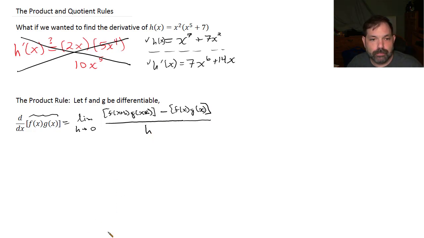Now, that's the limit definition. Unfortunately, there's nothing that we can really do here. We can't do any factoring, and we can't let h approach 0 immediately because it would then be an indeterminate form. So what we're going to do is use an algebraic trick here.